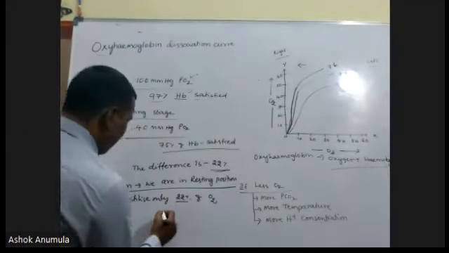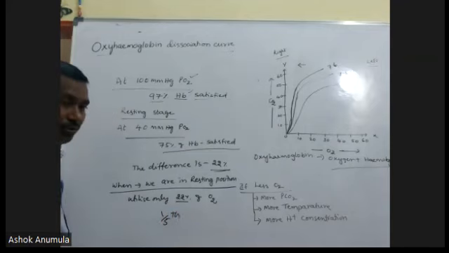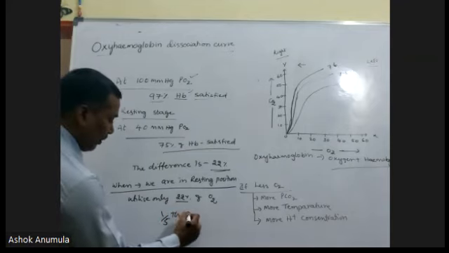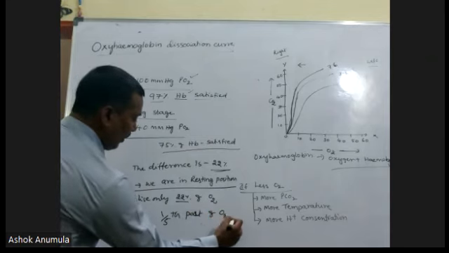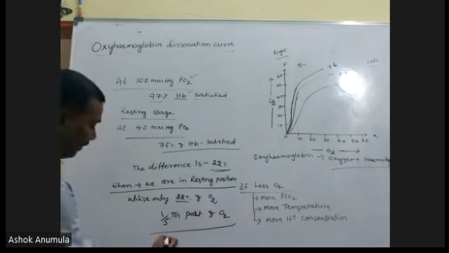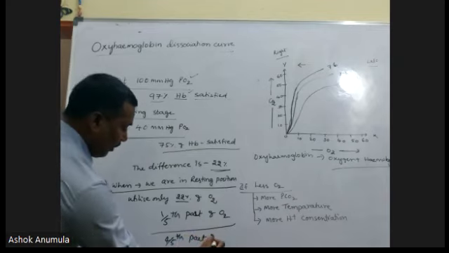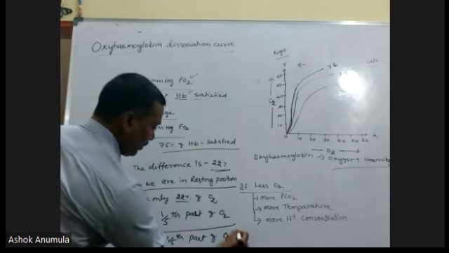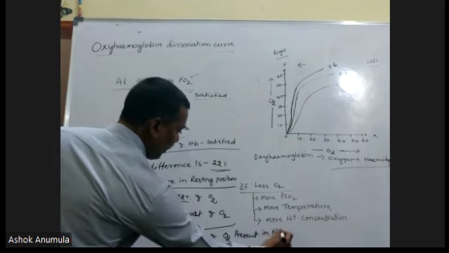Only about 1/5 part of the oxygen we have to utilize. The remaining 4/5 part of the oxygen is present in hemoglobin.